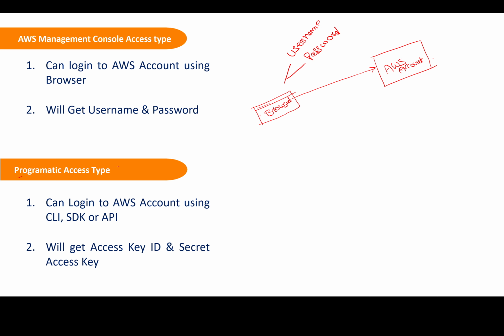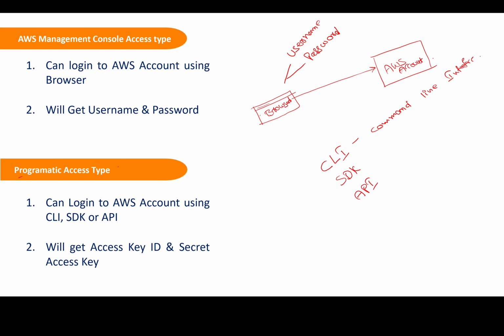Whereas the programmatic access type is used to access the AWS account using CLI, SDK, or API. What does CLI stand for? Command Line Interface.